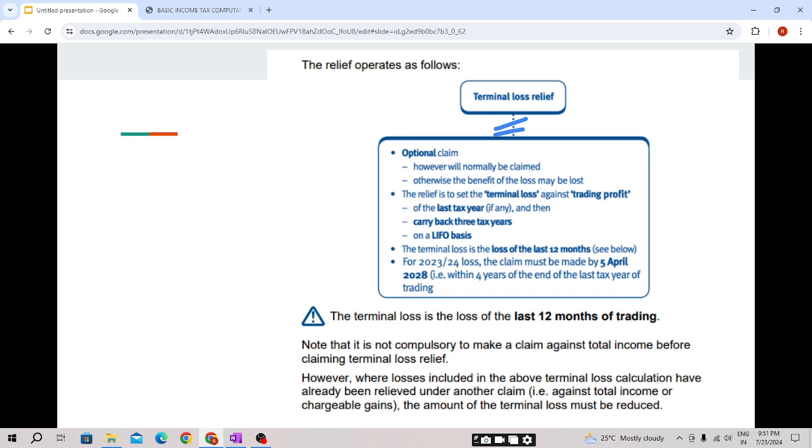Terminal loss relief says that if we have a loss in the year of closing the business, then we can either set off this loss under the ongoing rules, or we can select the terminal loss relief, that is, set it off against the last 3 years' trading profit. I hope this point is clear, students.